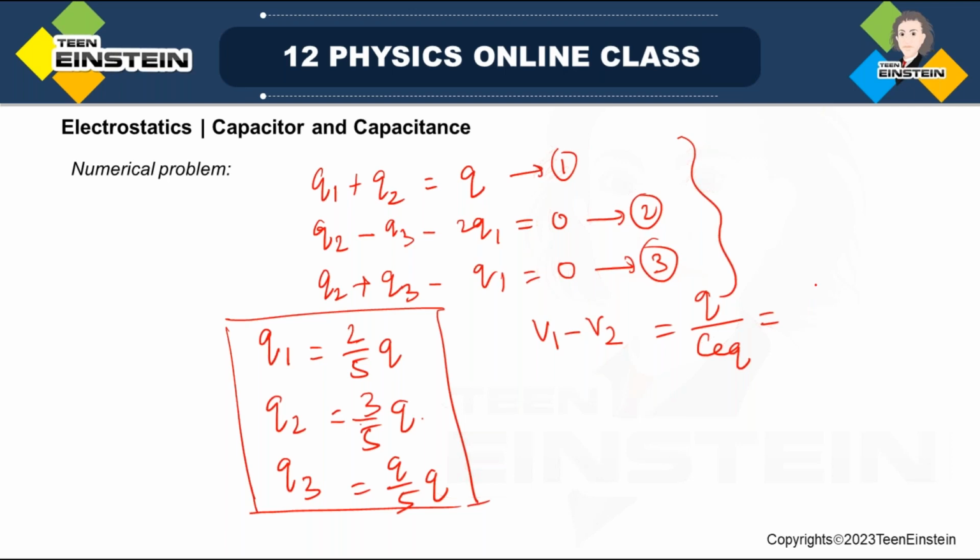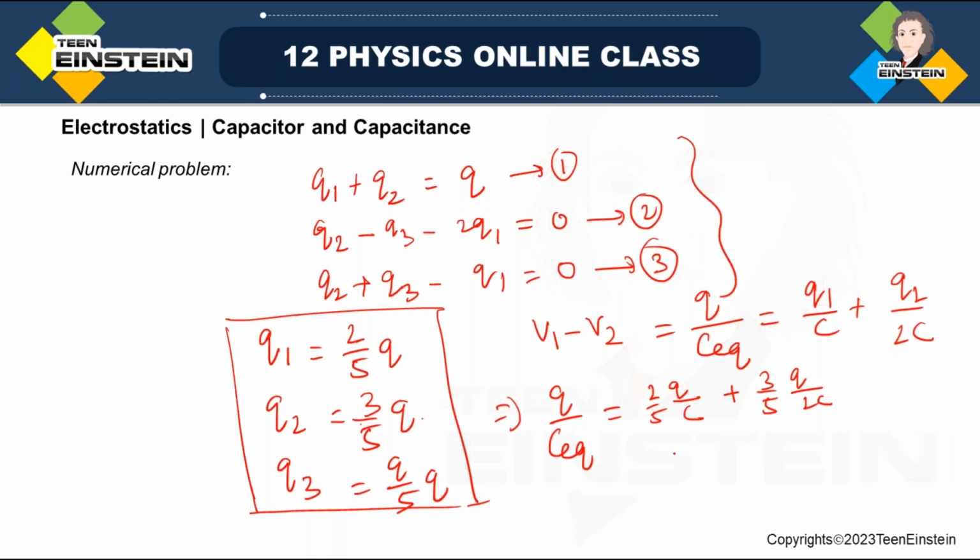So I'm writing Q1 by C, Q2 by 2C. Now this I can write Q by C equivalent. So Q1 I have got 2 by 5 Q, this will be obviously C here, plus Q2 I have got 3 by 5 Q by 2C.